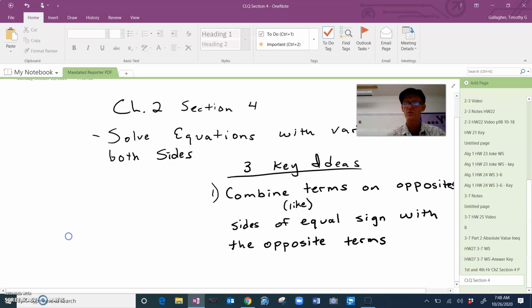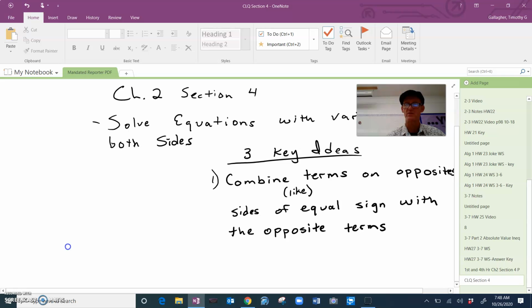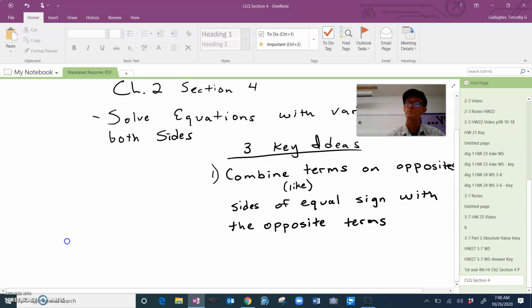So you use the opposite terms in order to remove a term from one side and combine it with a term on the other side. That's a really important big idea.